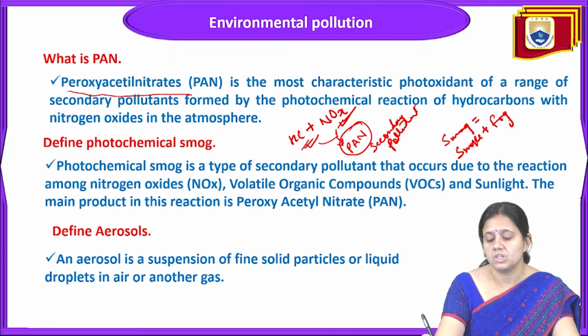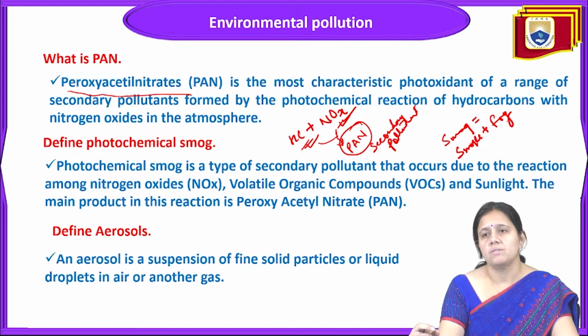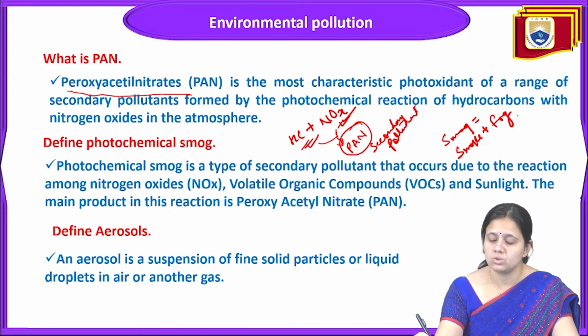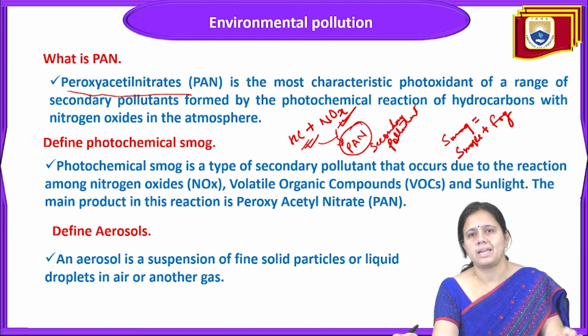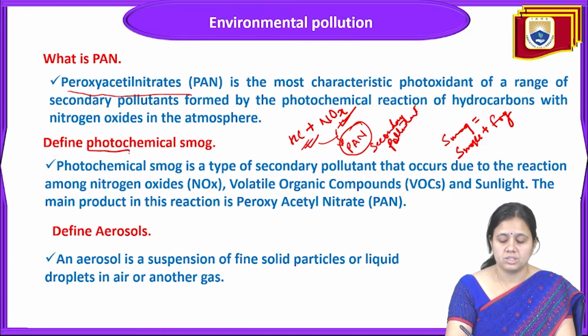When there is a combination of smoke with fog, that is called smog. Photochemical smog is a type of secondary pollutant that occurs due to the reaction among nitrogen oxides, volatile organic compounds, and sunlight. Smog is also a secondary pollutant. Photochemical smog, as the name suggests, photo means light. We already know photo is equal to light.